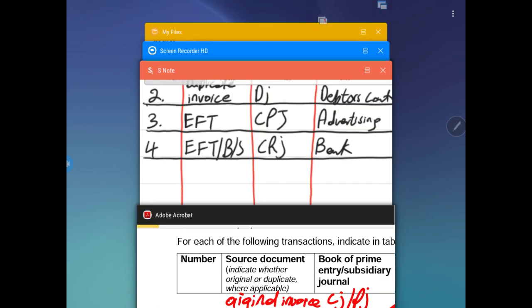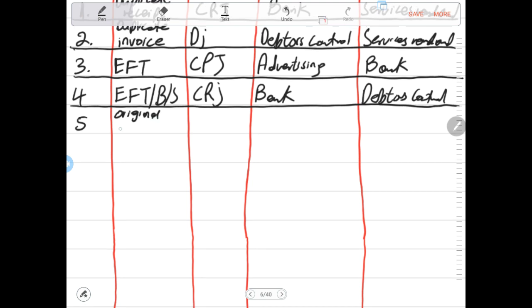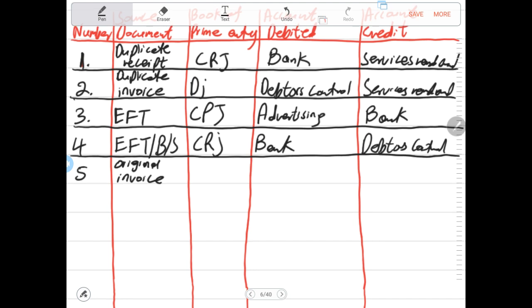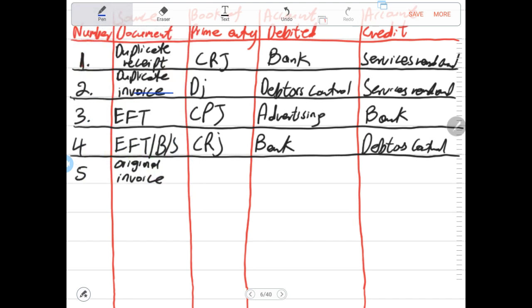So now let us go to our recording of number 5. We said we have the original invoice. Whenever the transaction is on credit, we are using an invoice. Remember previously, when we rendered a service to a customer on credit, we used the term invoice because the transaction was on credit.